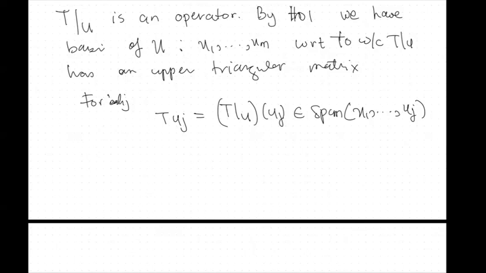So now you can extend u1 to um with v1 to vn to get a basis of our vector space V.